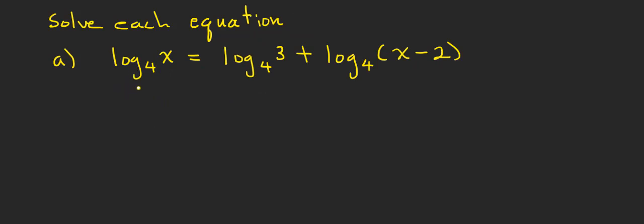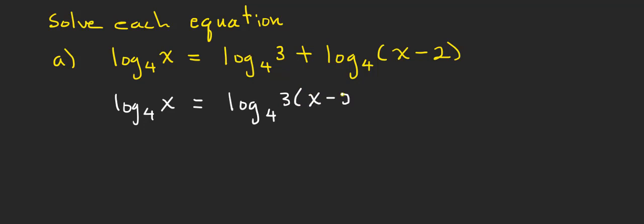Okay, now we're going to solve this equation. In order to do this, we have to use a property of logarithms. Remember, there are 3 properties. So here we need to use the product property. So log base 4 of x, when you add these, that means you're going to multiply 3 and x minus 2. So log base 4 of 3 times x minus 2, using the product property. So now you have log base 4 and log base 4.